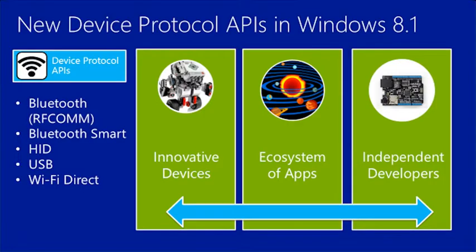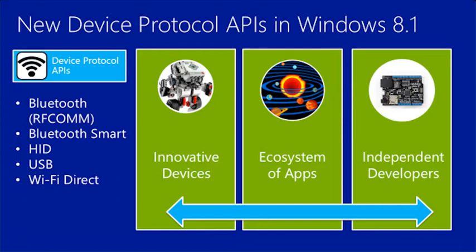So let us give you an idea of what the landscape here looks like. In Windows 8.1, we introduce what we call protocol level access. What protocol level access enables is apps to talk to a device that implements an industry standard protocol.